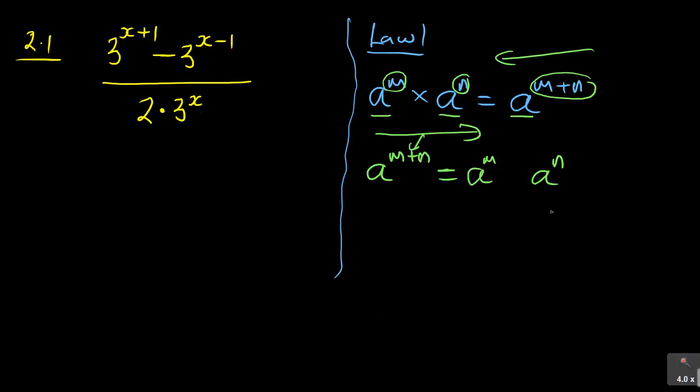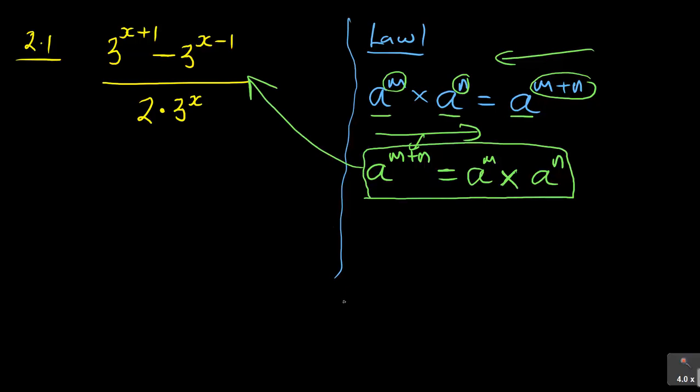It's a to the exponent m times a to the exponent n. Remember, I'm going in this direction. So it means if the exponents are adding, you multiply in between. If the exponents are subtracting, then it's division. This is the law which I want to use in this particular case.